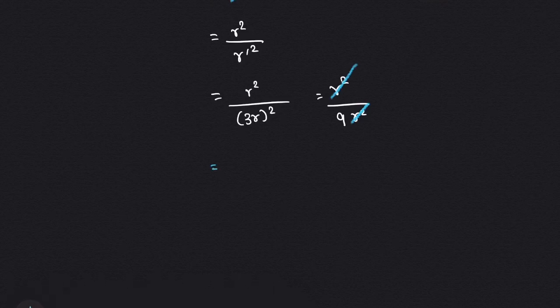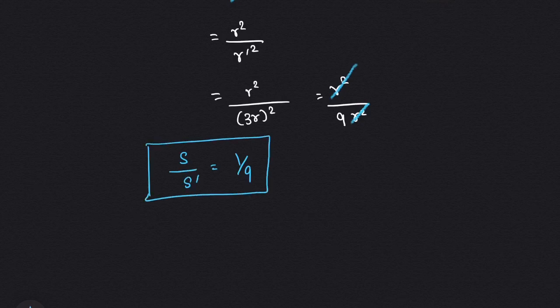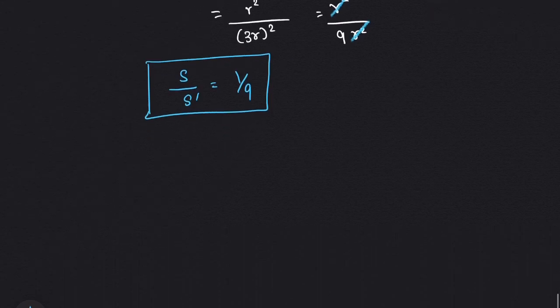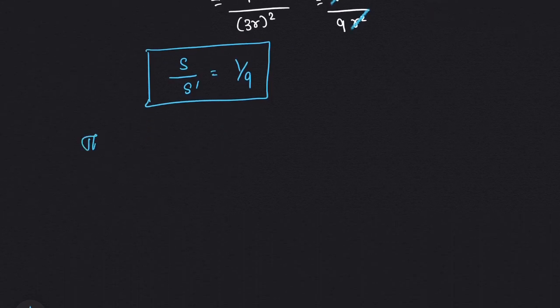So the final result is 1 upon 9. So the ratio of S and S dash is 1:9.